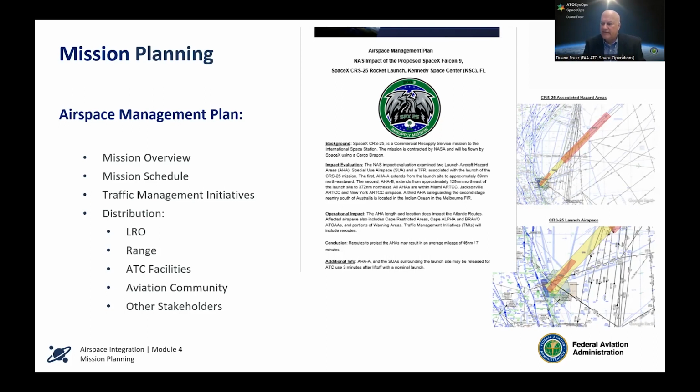But over the last 4 years, through the collaboration with the ranges and the operators, we've narrowed that down to be very specific and only closing the airspace for the time necessary to accomplish the mission and protect in the event of an anomaly. So I think we've done a great job of really narrowing that down and getting it to those very specific times. And we should not see any additional times on top of that.